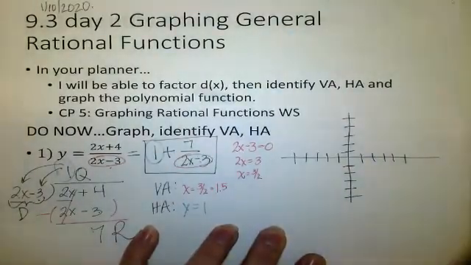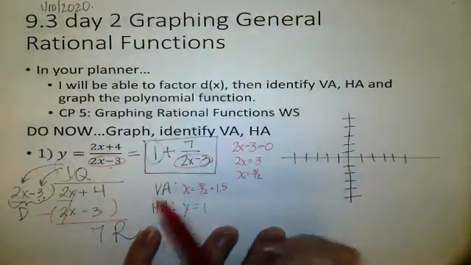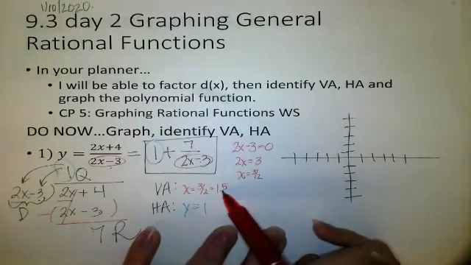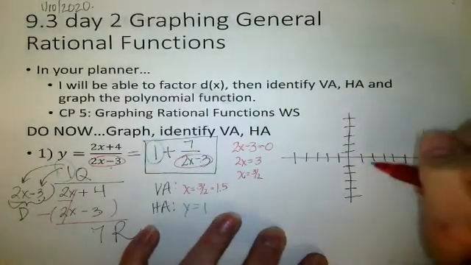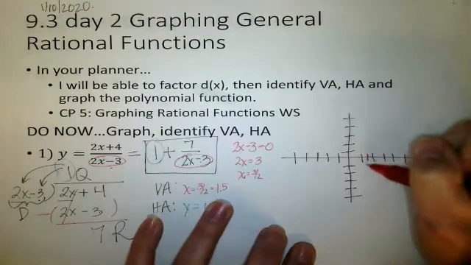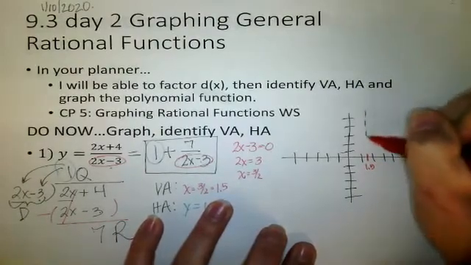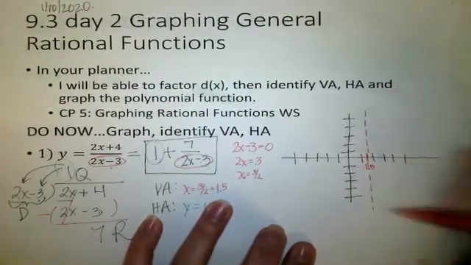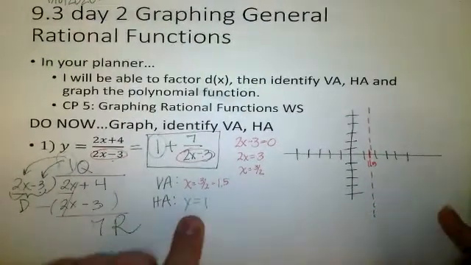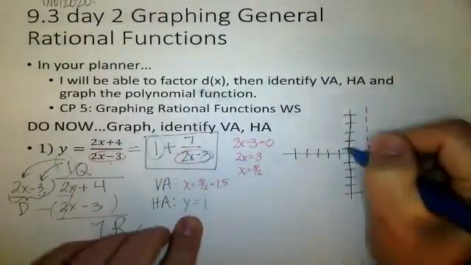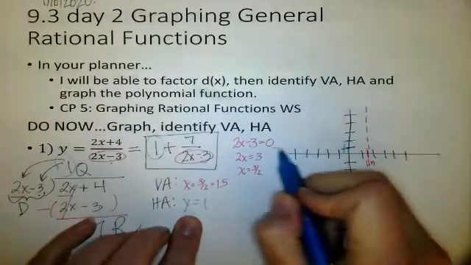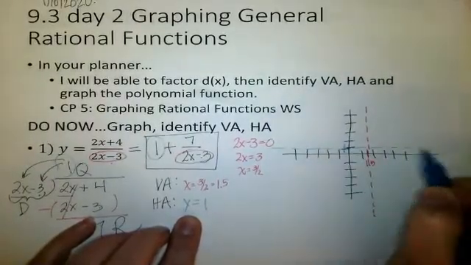And we can graph our asymptotes. So we always want to get those asymptotes first and plot those, and then we can move to the next step. So 1.5 is right here, and we want a vertical line through that on the x-axis. Y equals 1 is right here on the y-axis, and we want a horizontal line through that.